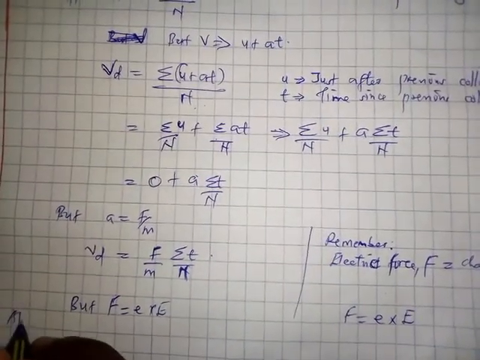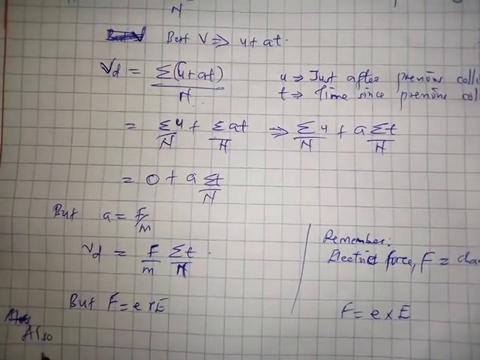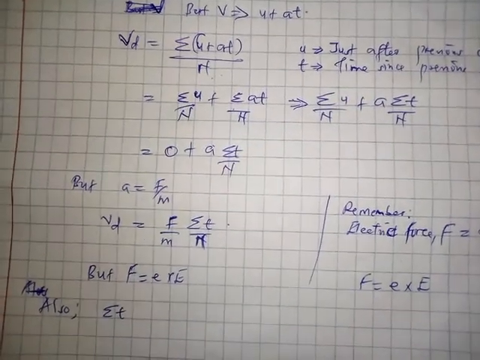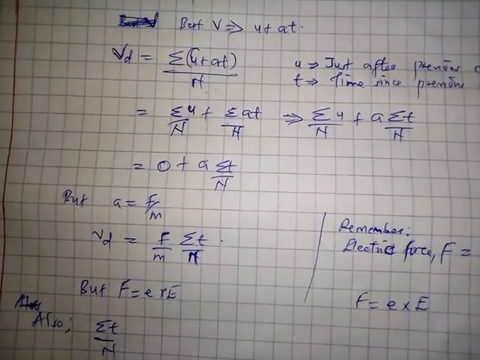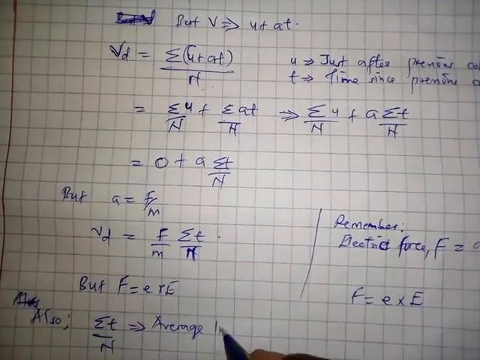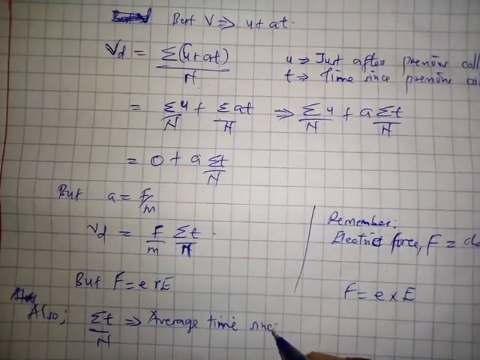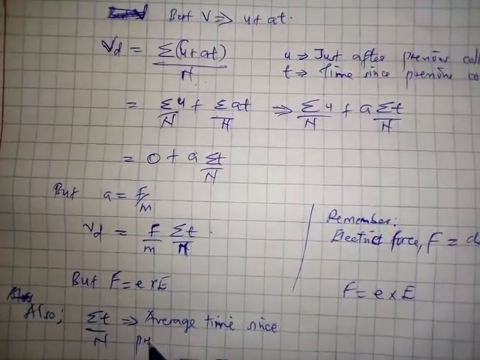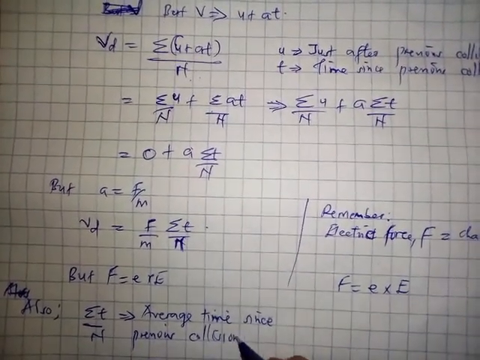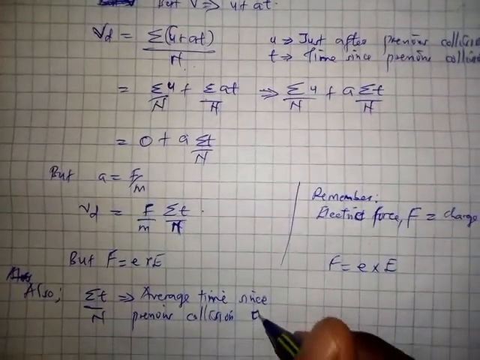Also, the summation of t over n is the average time since previous collision, and it is represented by tau.